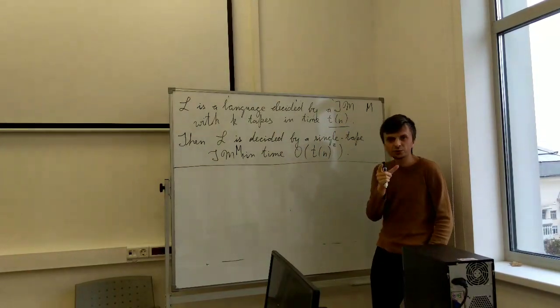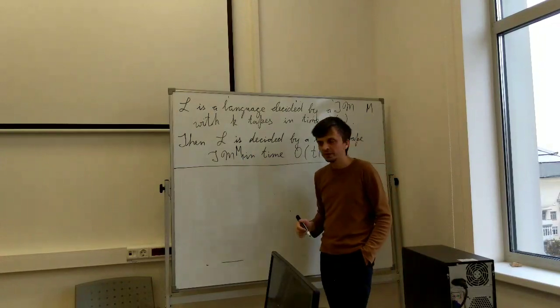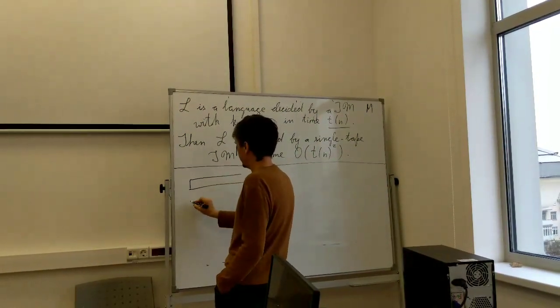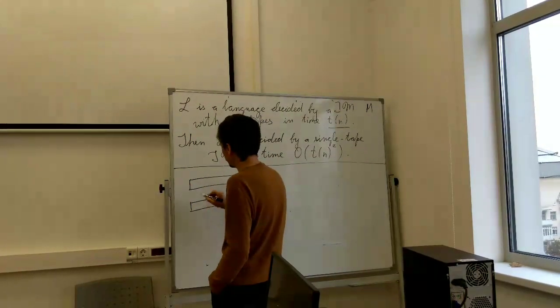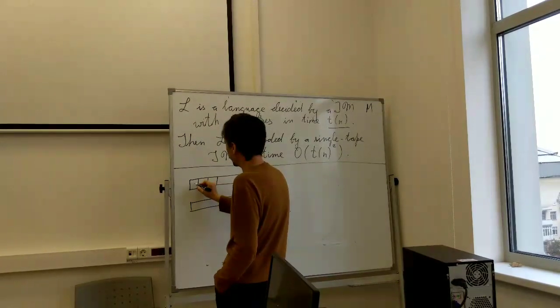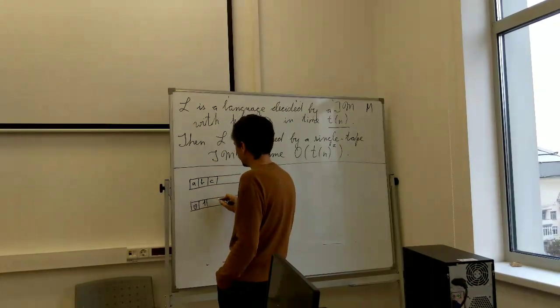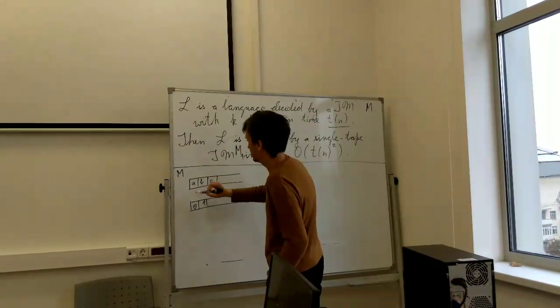We have to store its contents on the single tape of M1. So if you have, let's say, two tapes, tape 1 and tape 2, and it's something like A, B, C here, and 0, 1 here. Then this is in M.